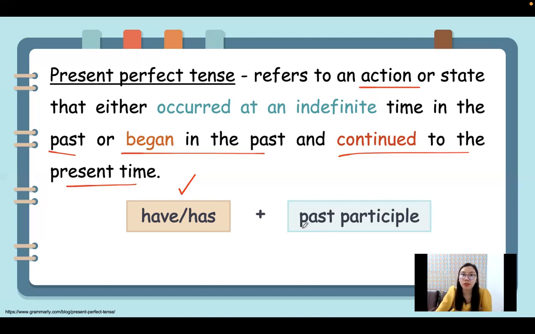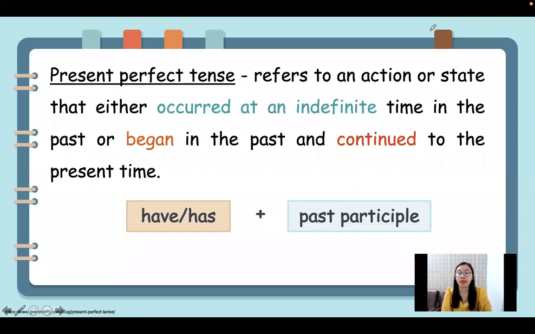The past participle is different from the past simple, Shimai, because past simple is the simple past form of the verb.